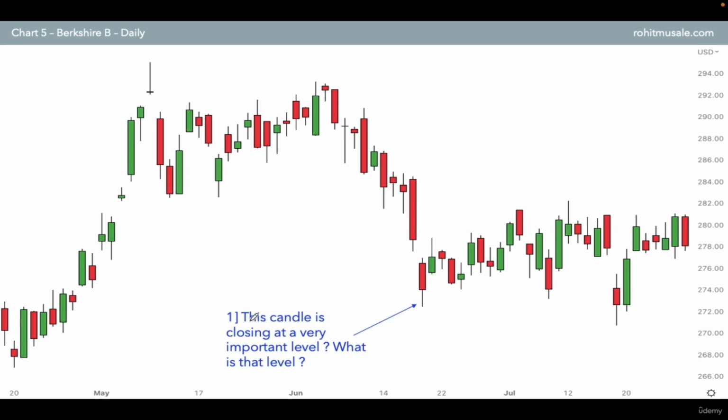So question 1 is, this candle is closing at a very important level. What is that level? When you look at the left-hand side of the chart, you see this rising window here, right? So if I extend this line, I don't have a ruler here, but you will find that this line and this closing is almost exactly the same.